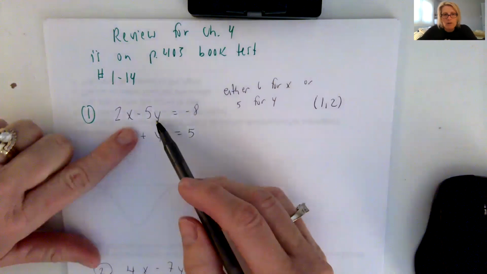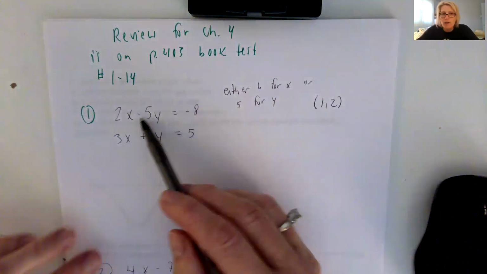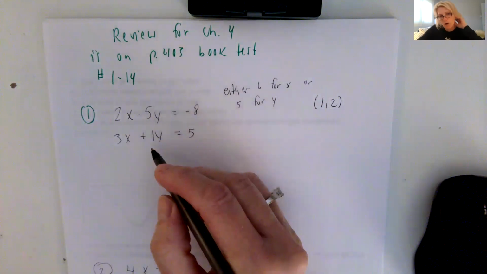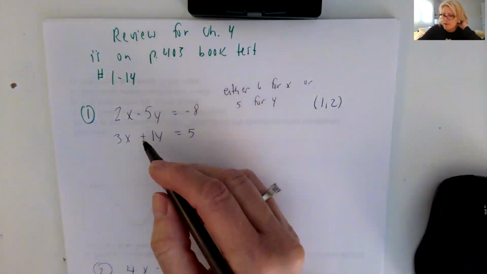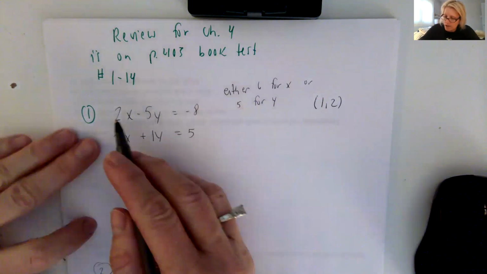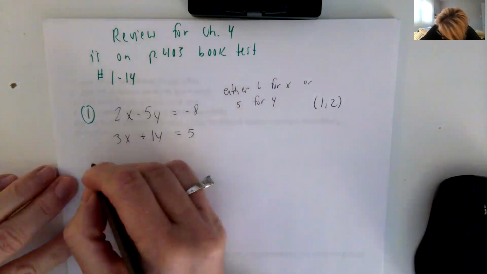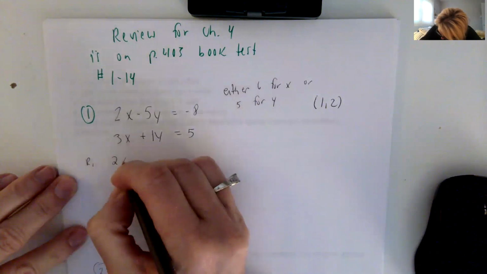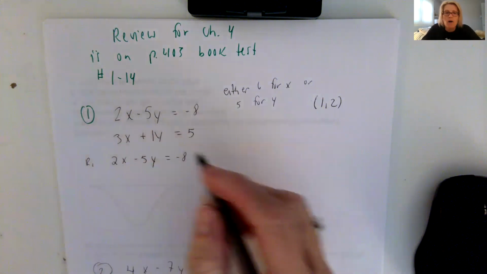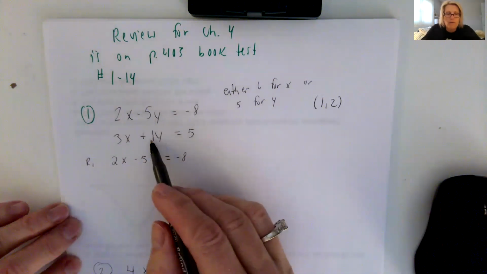I'm going to choose to use 5 for y because row 1 is already at a multiple of 5, row 2 is at a 1 for 5, and they're already at opposite signs. So that gives me a bonus. I'm going to leave row 1, 2x minus 5y equals -8, and I'm going to multiply row 2 by 5.